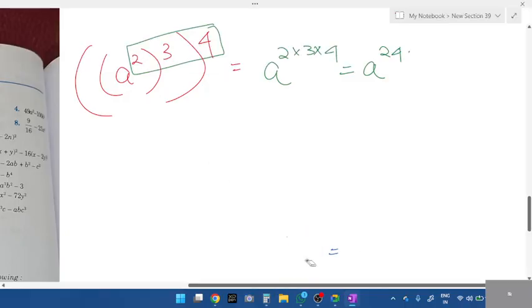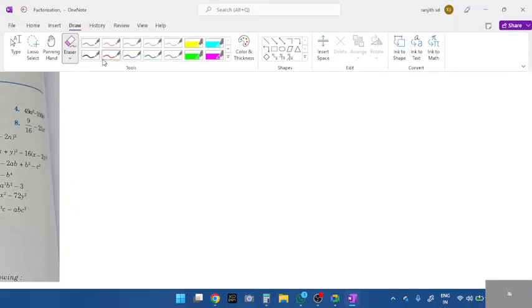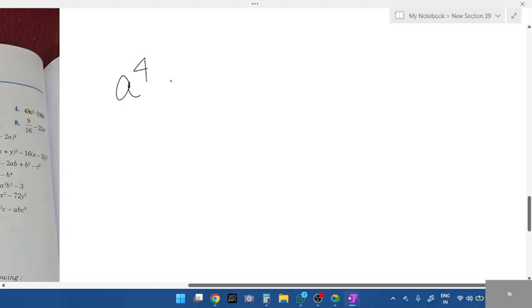Now, the next one is very important. All of you will concentrate. It's an important concept. Next, A to the power of 4 is given. I don't need degree 2 here. What formula did we study in factorization? A square minus B square. What's the degree we studied, 2 or 4? We studied only 2.